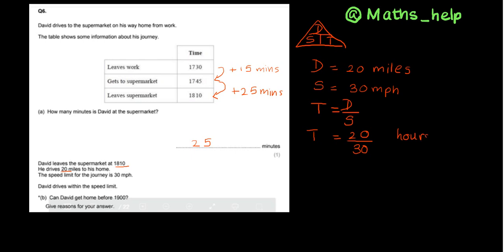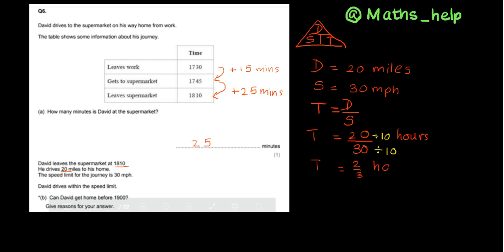So I'm going to divide both the numerator and denominator by 10 because they come in the 10 times table. So my time is 2/3 hours.